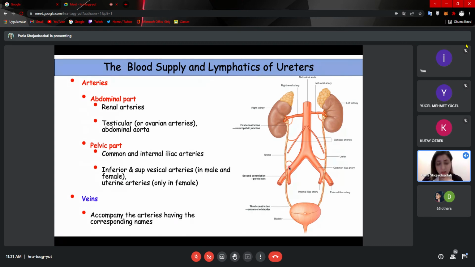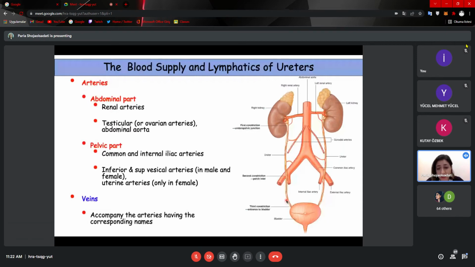The pelvic part is supplied blood by the common and internal iliac arteries, as you see in here. Sometimes the inferior and superior vesical arteries supply blood for the intramural part, the last section of the pelvic part of the ureters.